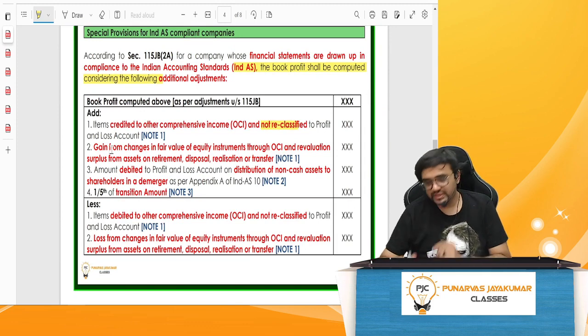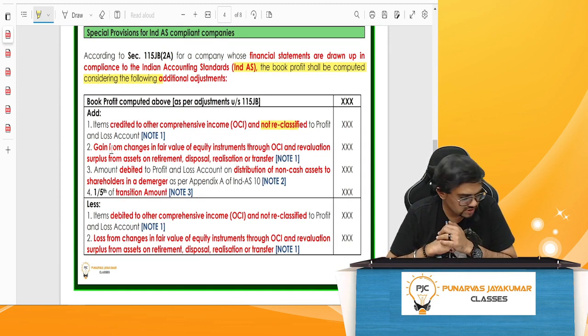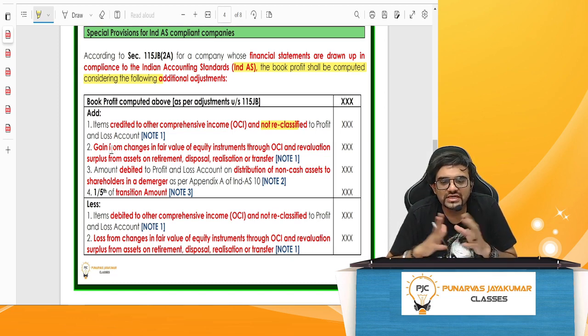So guys, as per Ind AS, those items that you shift to something called OCI, other comprehensive income, you will know in accounting, FR, when this is done by your faculty, what all incomes will go to other comprehensive income.